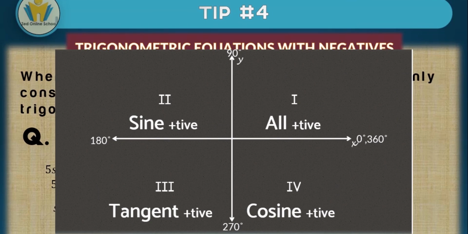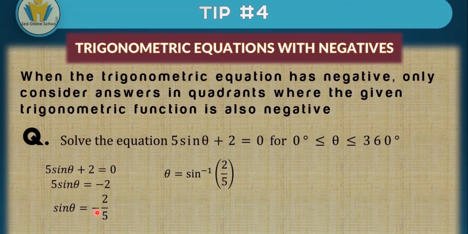You can see that sine is negative when theta is from 180 degrees to 360 degrees. That means sine is negative in the third and fourth quadrants. Therefore, the value that we find here, which is 23.58, you can get your calculator and verify that, is not our final answer.